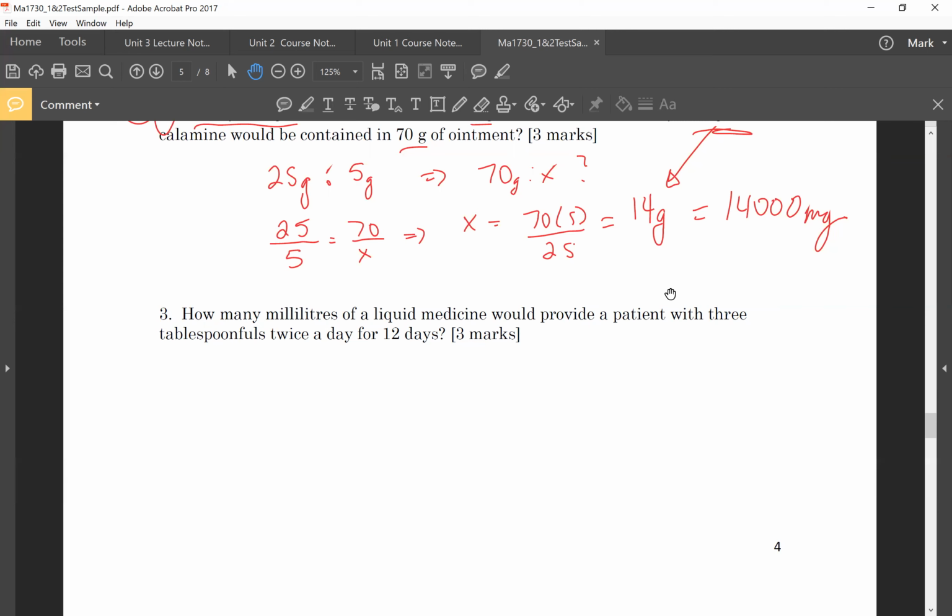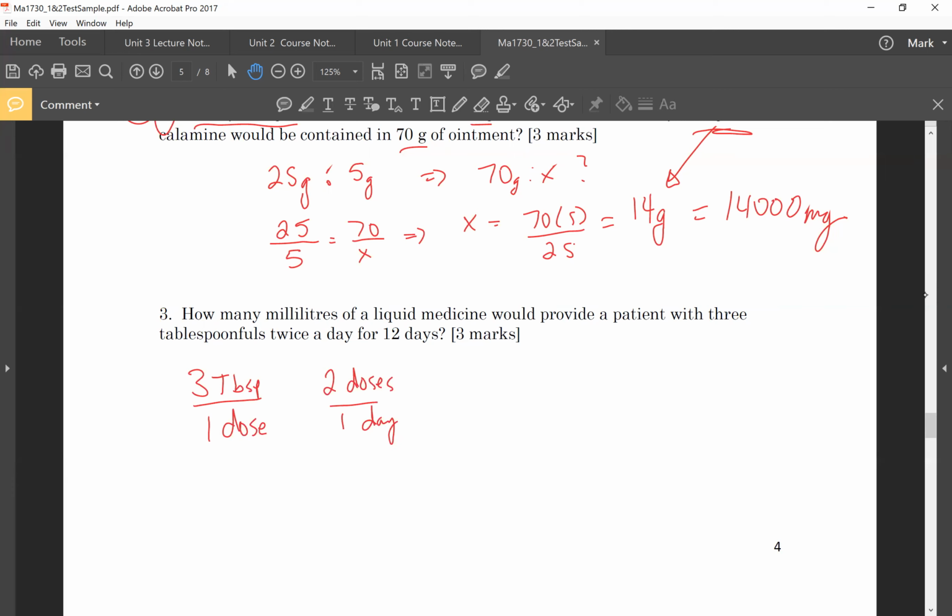So let's make a little list here. I know that they're going to take 3 tablespoons for every 1 dose, and they're going to take 2 doses for every day. Now, there's one other conversion factor I need, though.